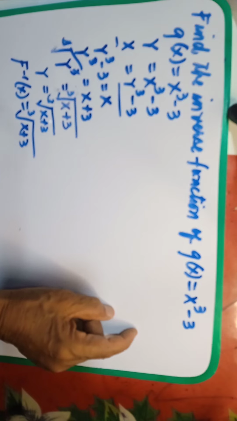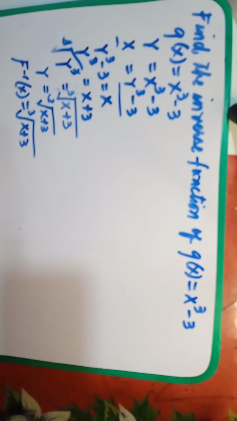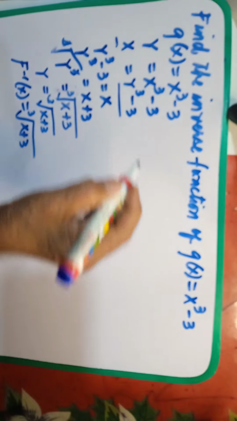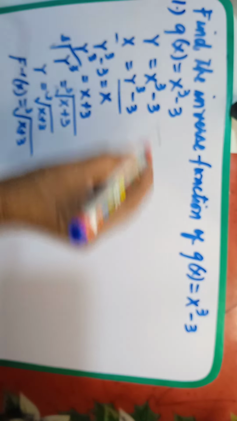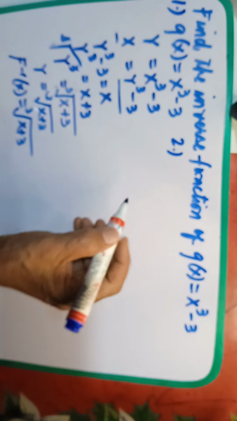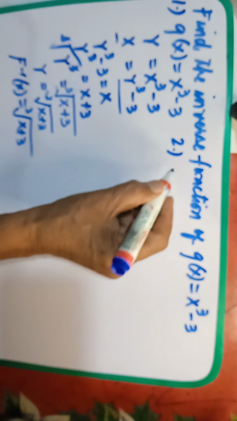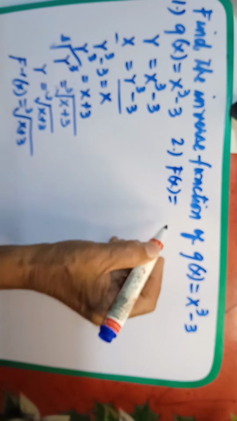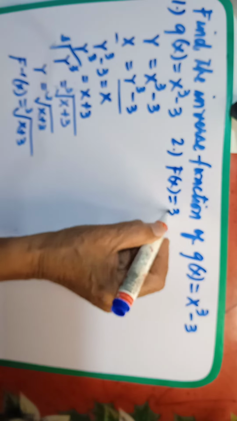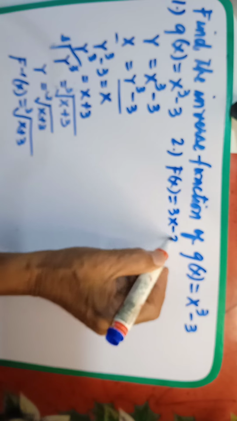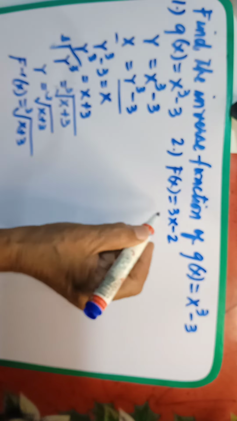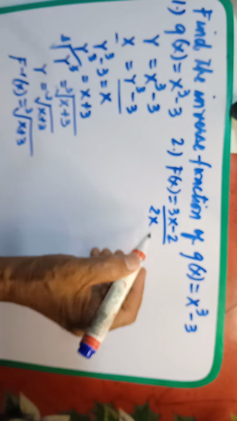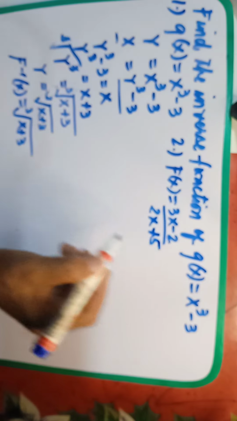So another example. I'll give you another example. This is number 2. Find the inverse of f of x equals 3x minus 2 over 2x plus 5.